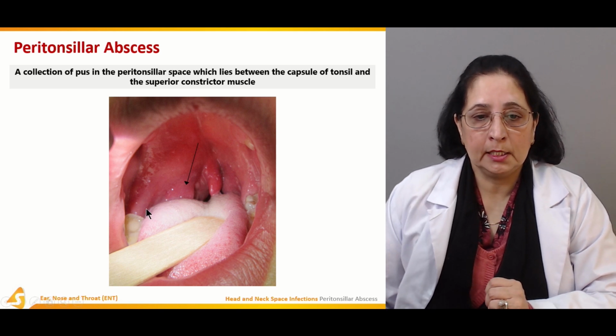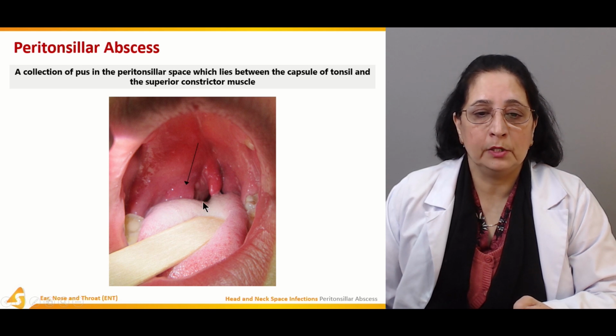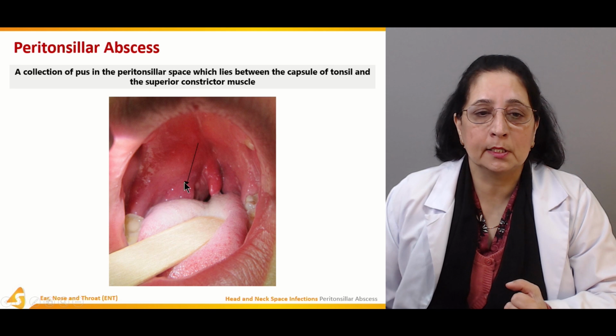If you see, this is the picture that shows the abscess formation around the tonsillar area, peritonsillar abscess.